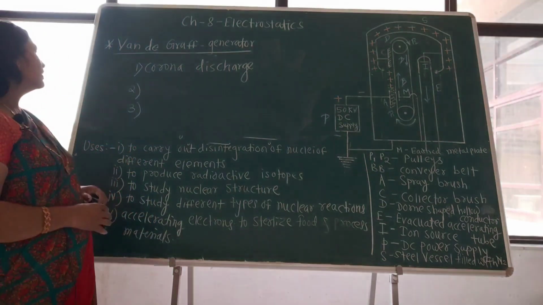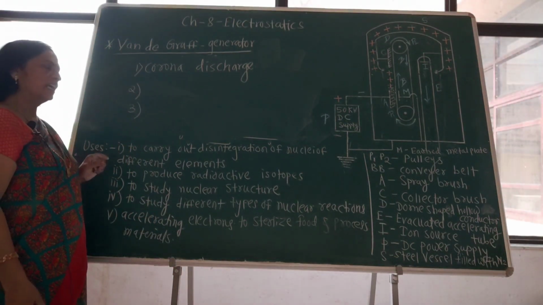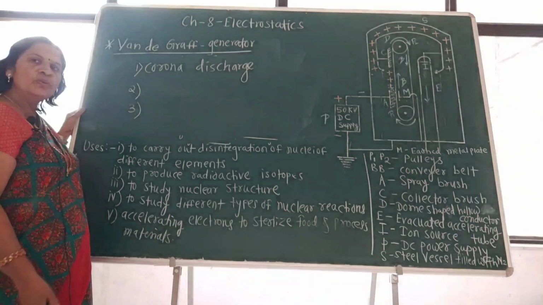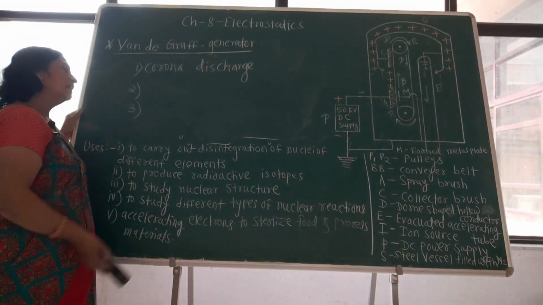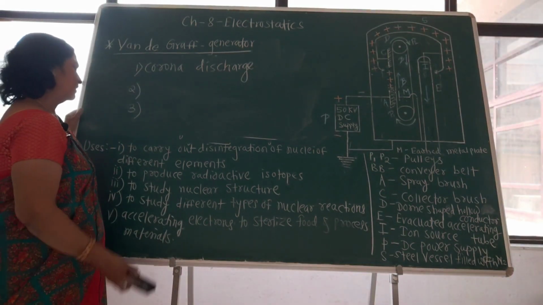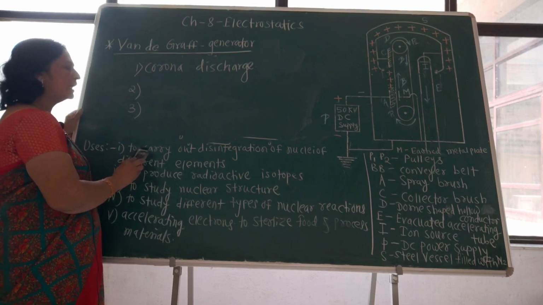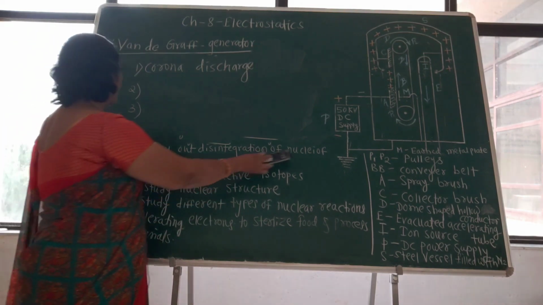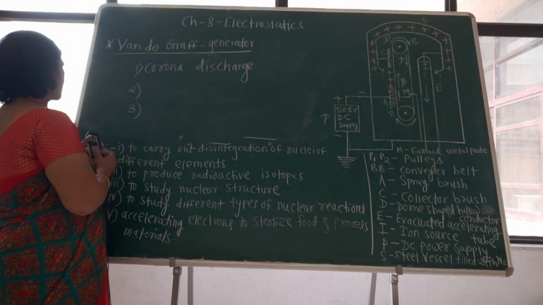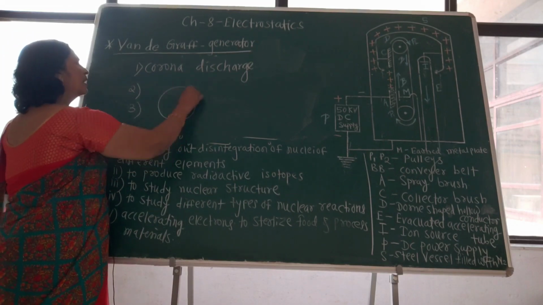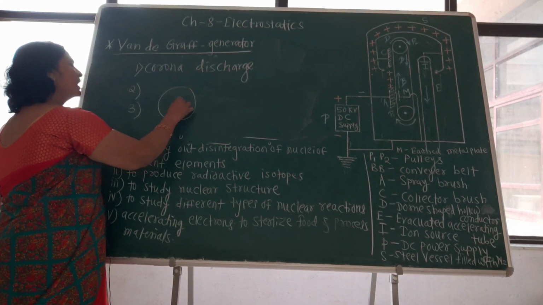Now we will study the uses of the Van de Graaff generator. I already told you its uses are in nuclear physics. First use, to carry out the disintegration of nuclei of different elements. Suppose an atom is there, and inside the atom a nucleus is there.